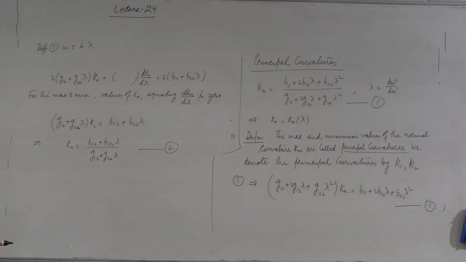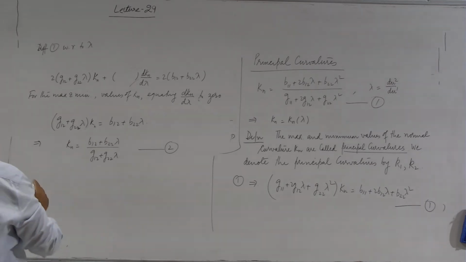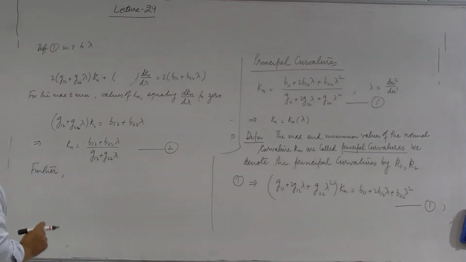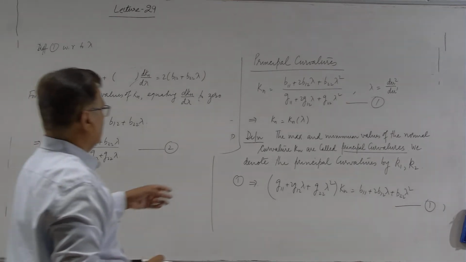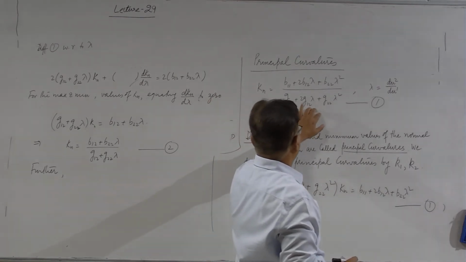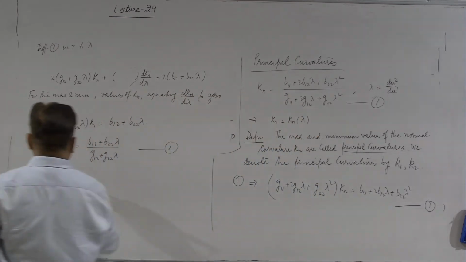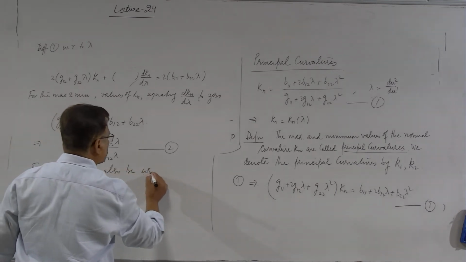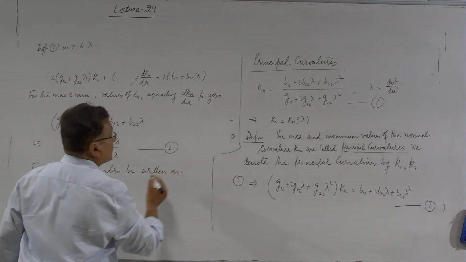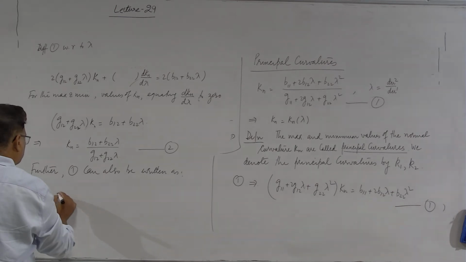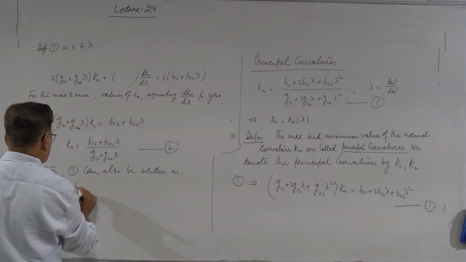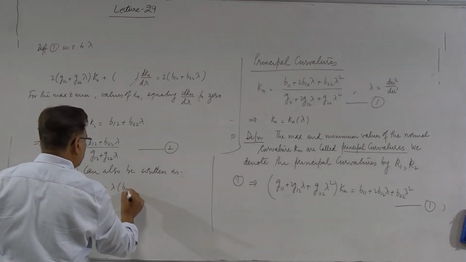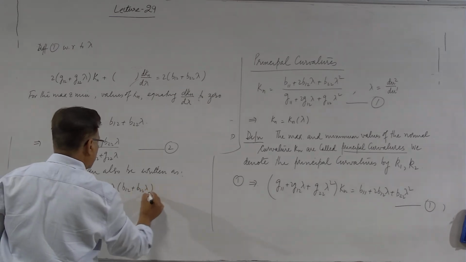All right. Now, further, I can rewrite this equation number 1. Further, 1 can also be written as Kn equal to (B11 plus B12 lambda plus lambda times (B12 plus B22 lambda)) in the numerator.